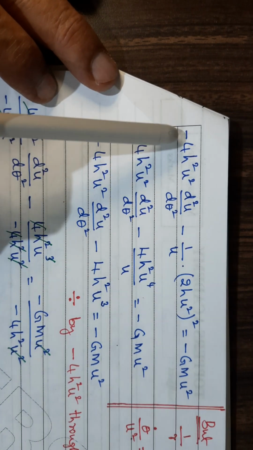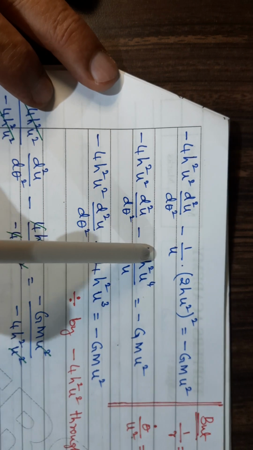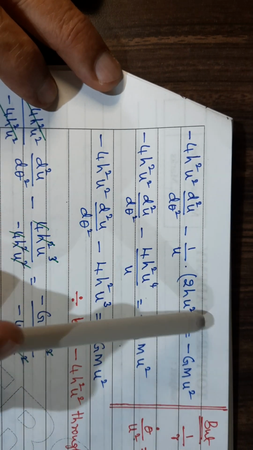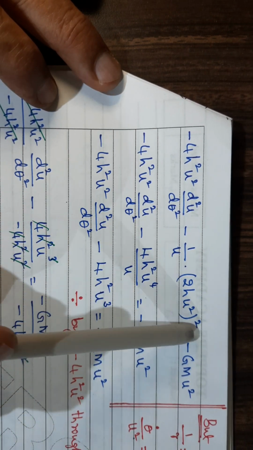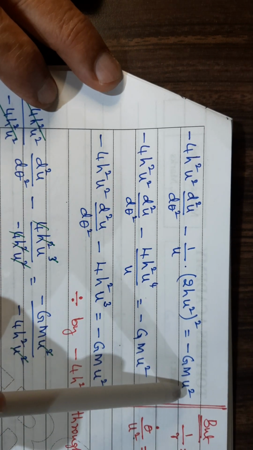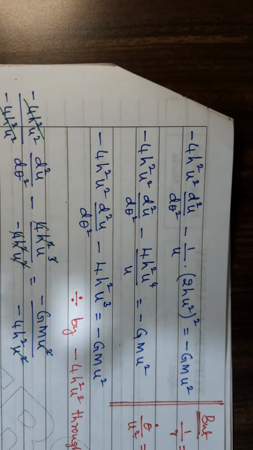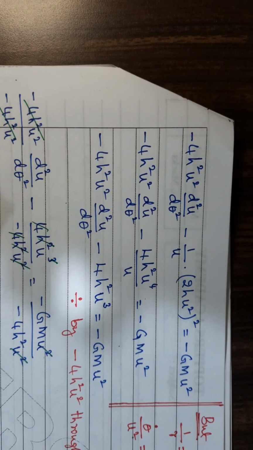You are going to have minus 4h square u square d square u divided by d theta square minus 1 by u, theta dot square, minus GM divided by r square, which is multiplied by u square.